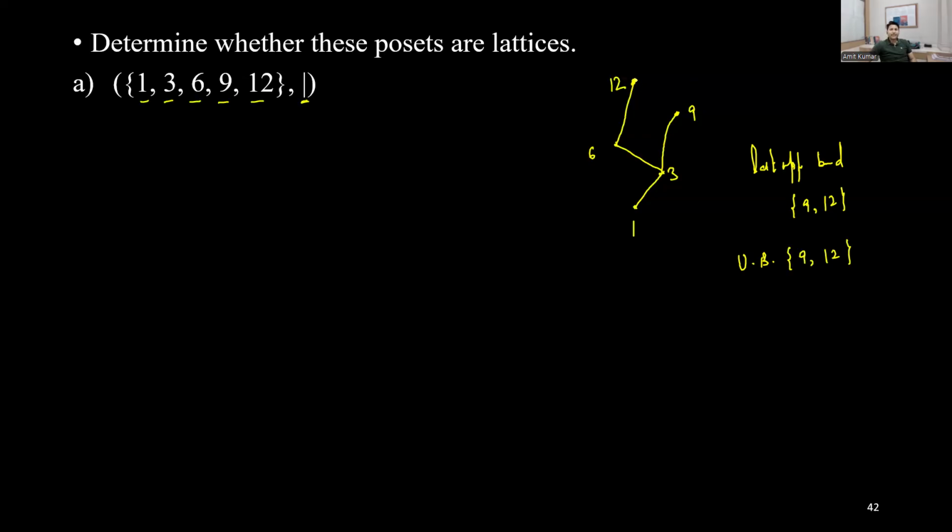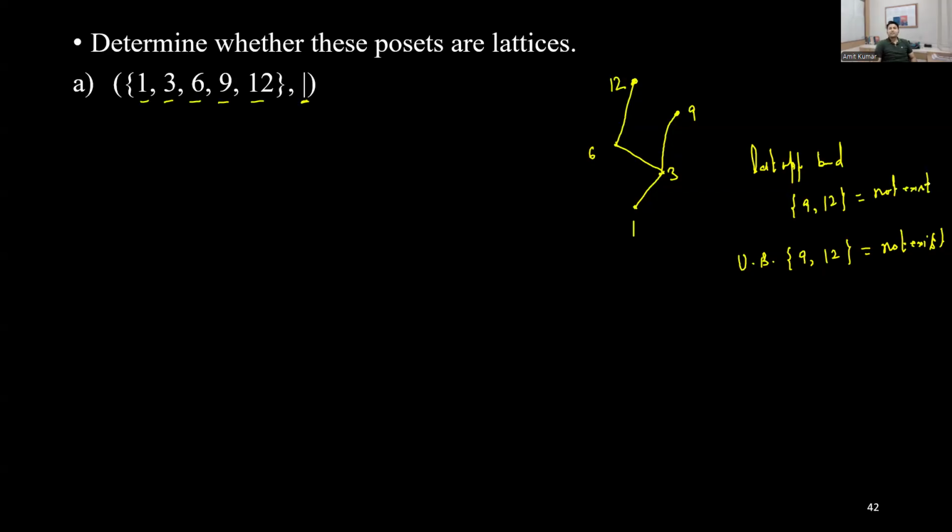Is there any element which is commonly connected on the upper side of 9 and 12? No. So the upper bound of 9 and 12 does not exist. Since the upper bound does not exist, the least upper bound also does not exist.